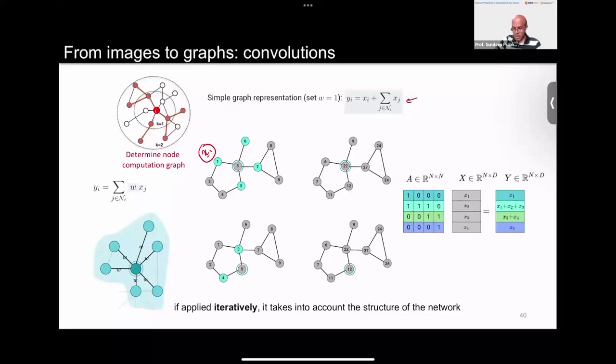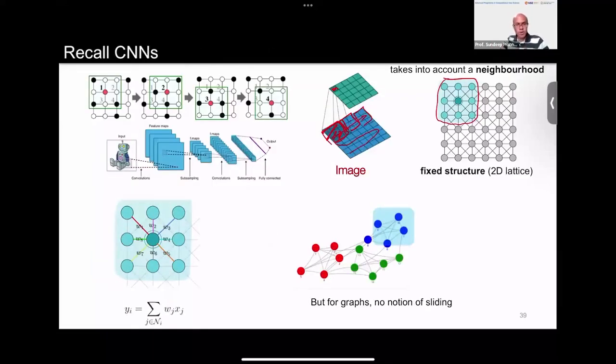So I replace x1 with x1 plus x2 plus x3, with some appropriate normalization, and I call that y1. That is analogous to what we did in CNNs for images, where I'm replacing the information in that neighborhood by a weighted average, with weights that are learned based on the task.